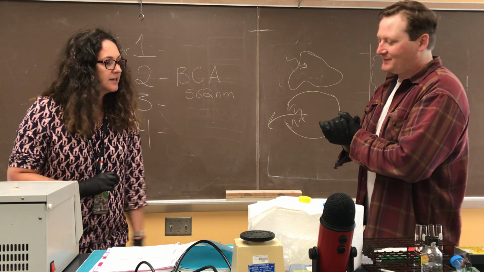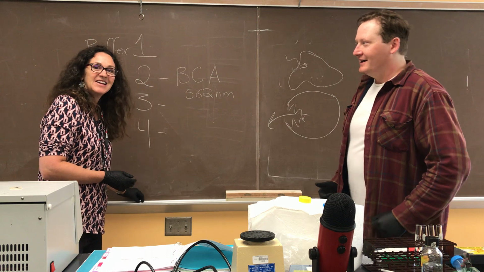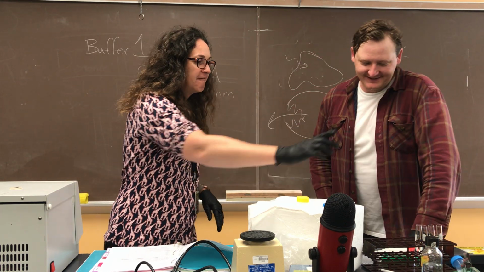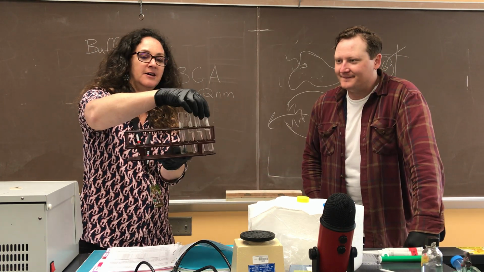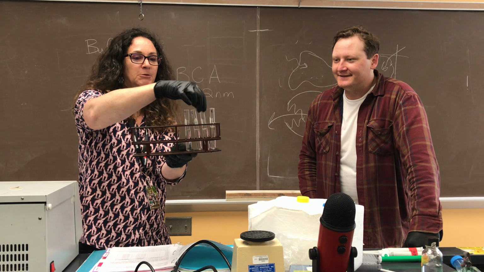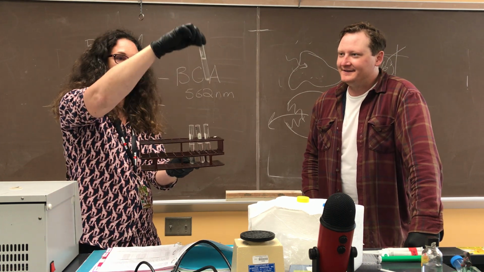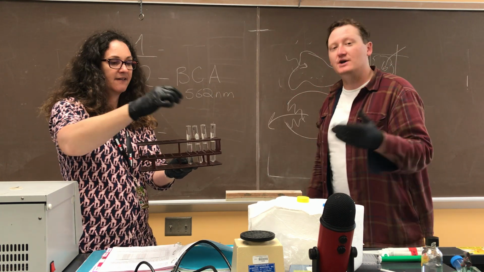All right. So, I think we've covered the background. I think we're good to go. Okay. All right. So we have our sample of E. coli here, and we have 4 different solutions that you can't tell the difference between. They're just labeled 1, 2, 3, and 4. But buffer number 1 is going to be hypotonic, so lower concentration of solute than within the E. coli cells.